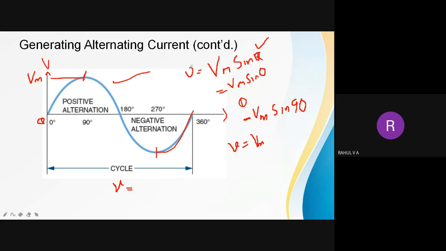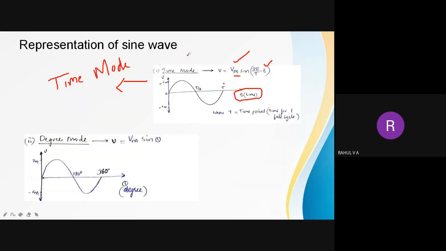Okay. So instantaneous value means at each instant, what is the value of voltage or current? That is why we are using this expression. This expression is used to find the instantaneous value of voltage depending on theta or time. So here, if you write the expression in time mode, the expression is V is equal to Vm sin 2 pi by T into t, where T is the time period.